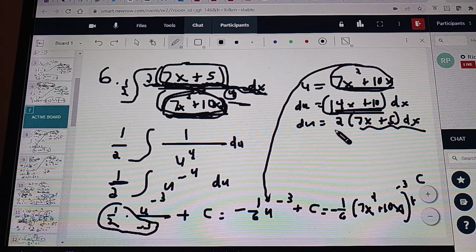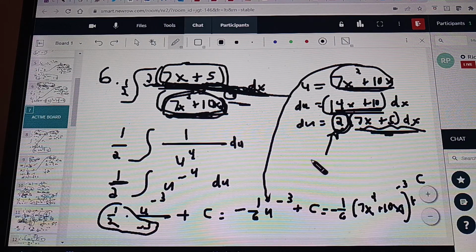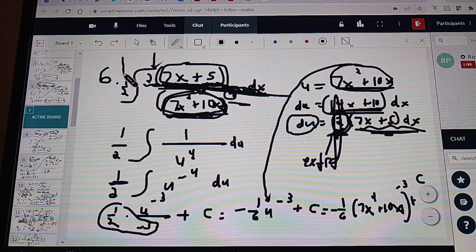I could factor out a 2 from this du part, and taking the 2 out left exactly what was there. But I've got the extra 2 over here in the du part. When the du part has an extra constant, that's when you have to insert it here along with a 1 over it.